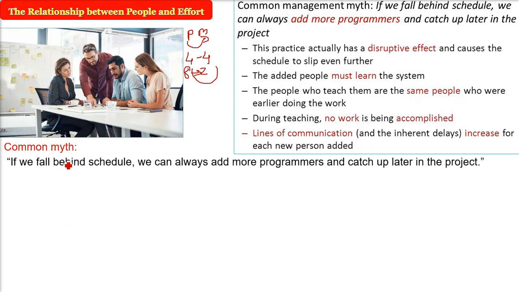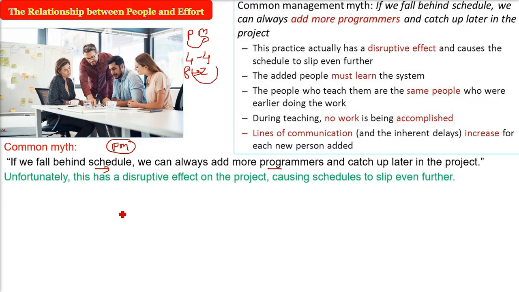If we fall behind schedule, we can always add more programmers and catch up later in the project. This is not true. That is, if you put in more people, the work will not be done in no time. This will have a disruptive effect on the project, because your schedule will slip even further.